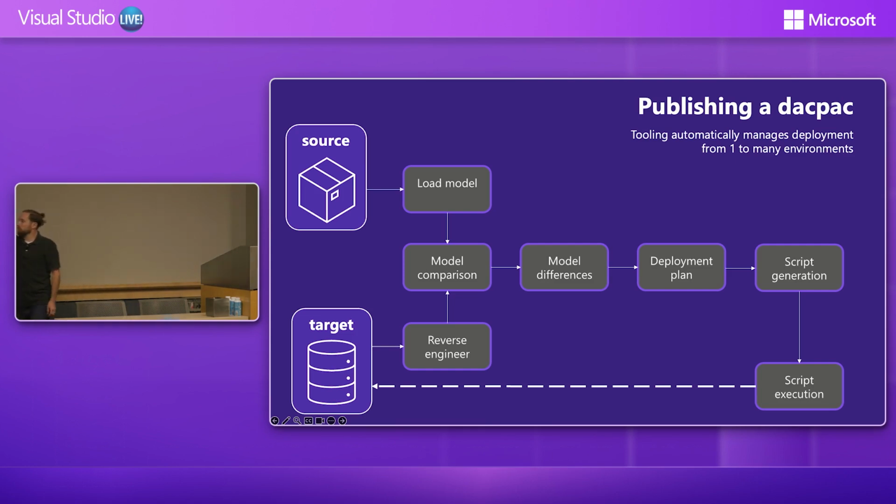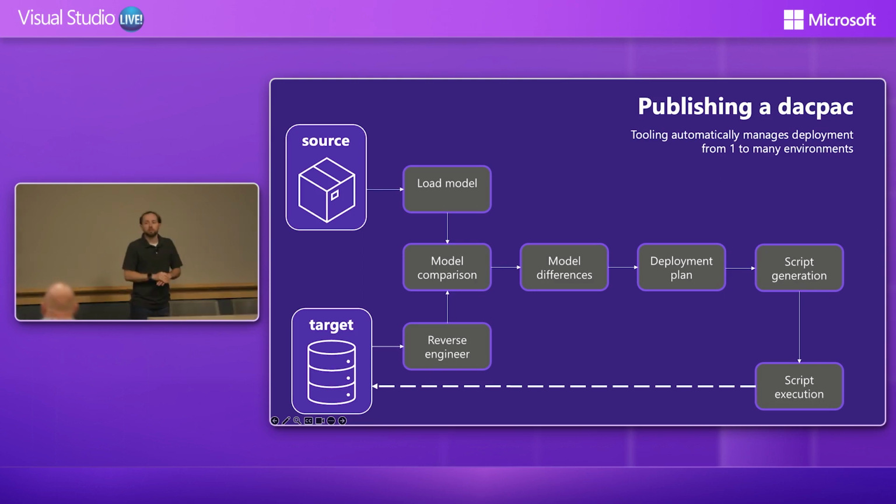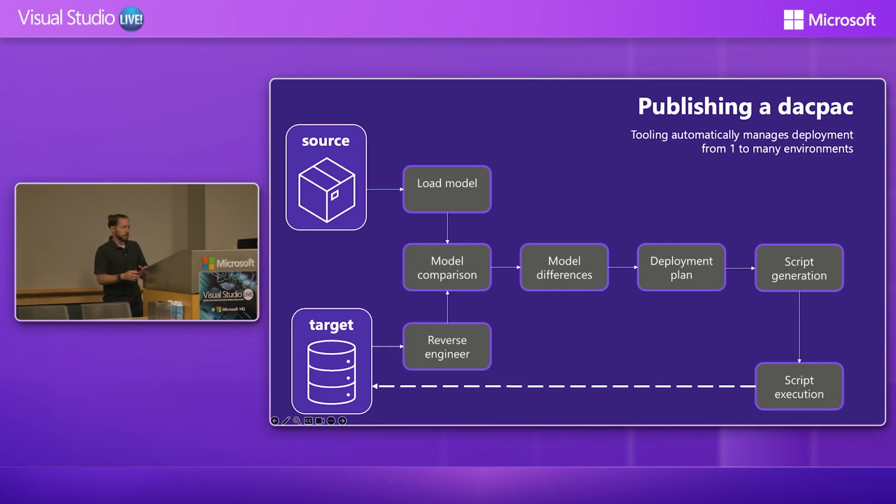I put this one in the bottom corner, but I always hedge on it a little bit. That's script execution. That is the default behavior. When you run publish with SqlPackage, the script executes. Yes, it does the deployment. But that isn't what you have to do. It's the one we talk about all the time. I'm changing that, obviously, because I keep saying don't do it.